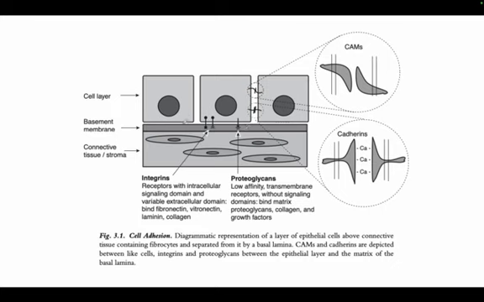So they form connections with the basal layer, and they can also form connections with each other. Okay, so this is an example of epithelial cells, but of course there are other cells in the body like this, where they have these things called cell adhesion molecules. They have things called cadherins. They have integrins, and they have proteoglycans, and these are all responsible for anchoring the cell in one place.